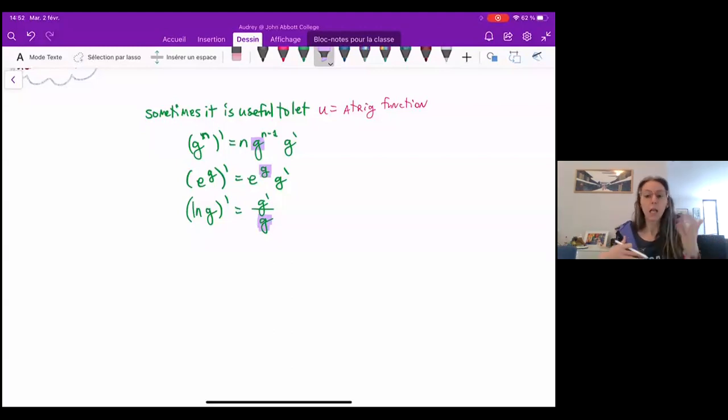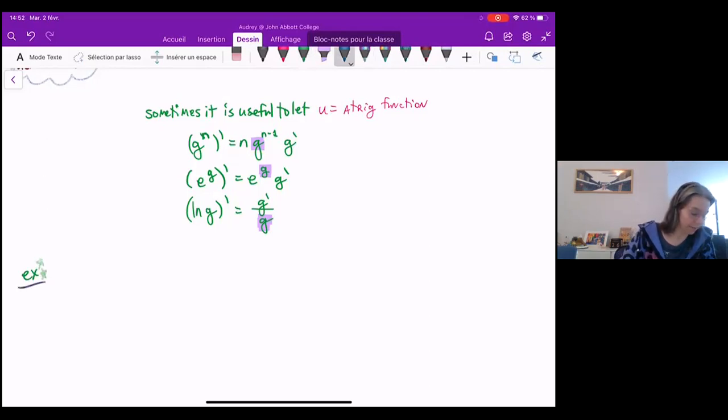Sometimes those g's, like what we saw in the integral of tangent x and the integral of cotangent x, are trig functions, and it can be useful to let u equal a trig function. So let's do a few examples of that.